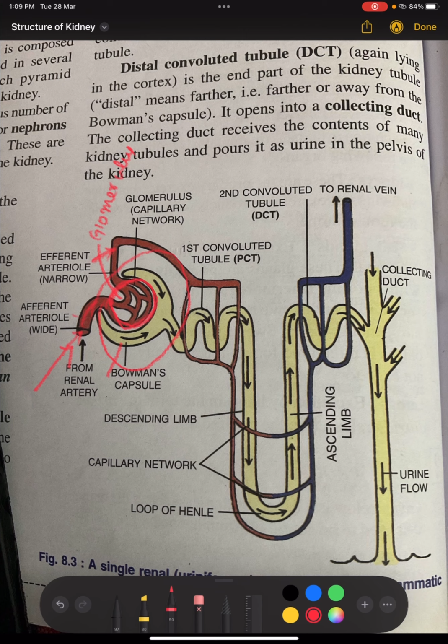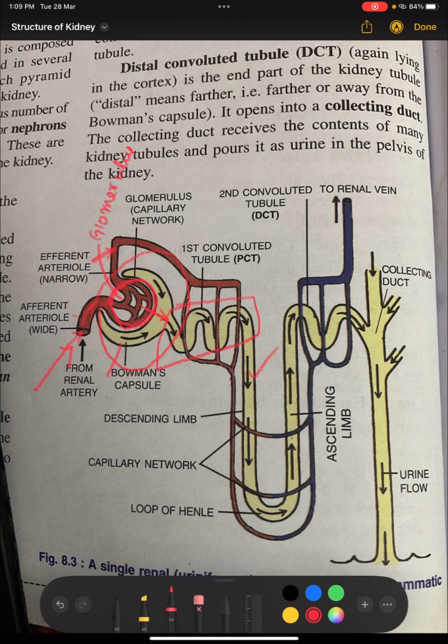So blood will pass at great pressure, and from here the filtrate will enter the first convoluted tubule, which we call the proximal convoluted tubule. Proximal means nearer.